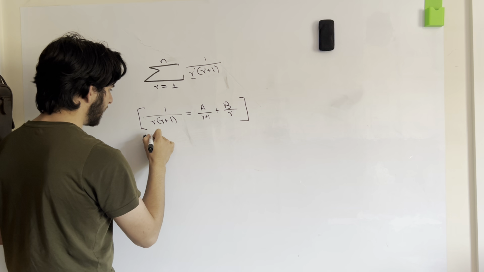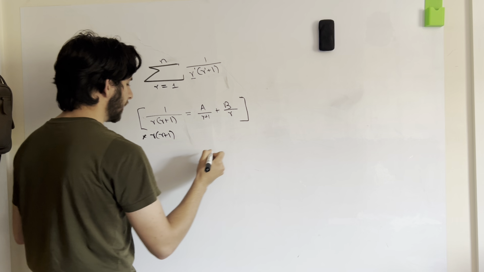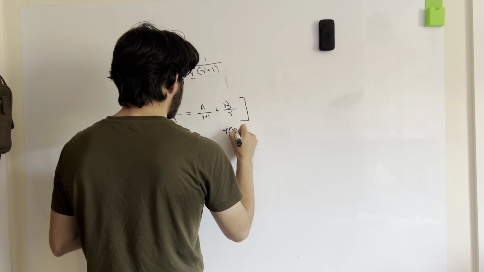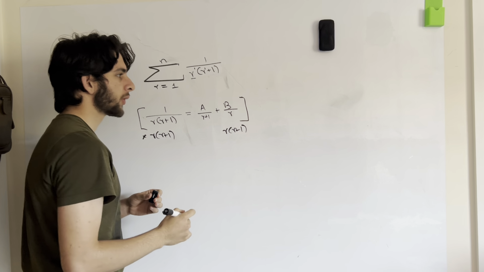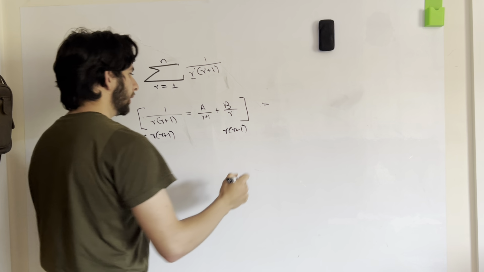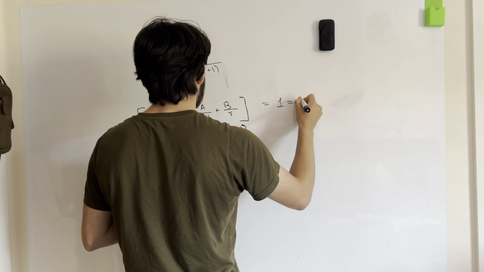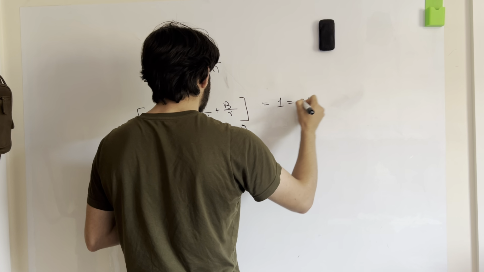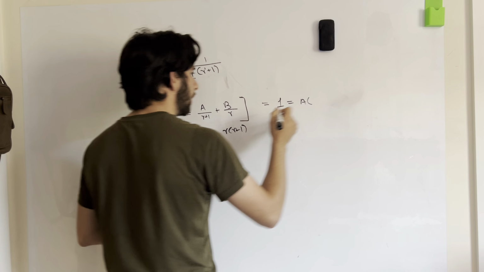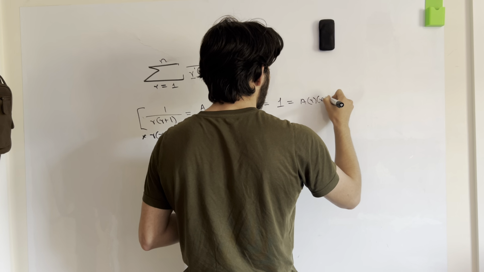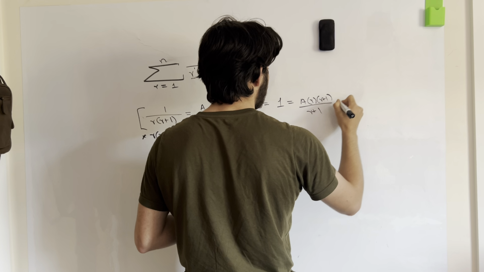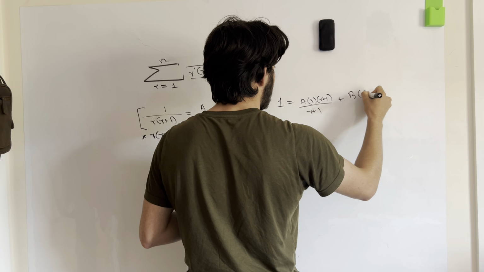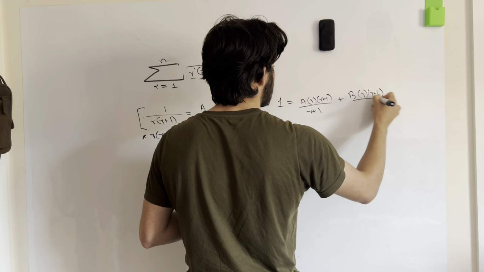So if you multiply r times r plus 1 on this side, and on this side, what you end up with is 1 equals a times r times r plus 1 divided by r plus 1, plus b times r times r plus 1 divided by r.